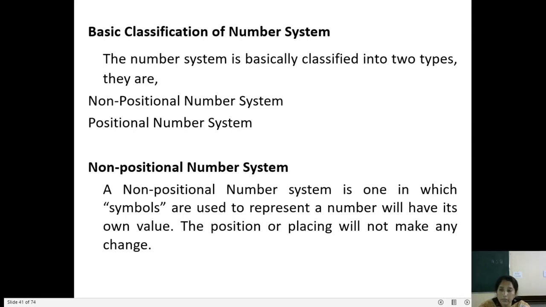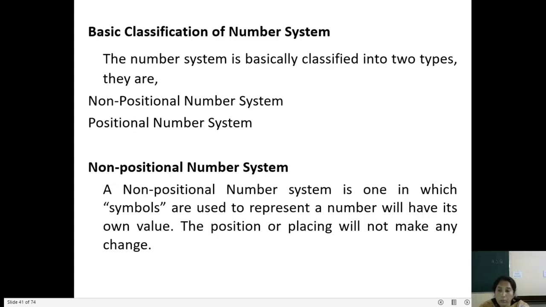Basically, in the number system, there are the non-positional number system and the positional number system. A non-positional number system is where you can represent numbers by using symbols, like Roman numerals, as well as a star or a dot, meaning it doesn't have any place value. Those numbers we call a non-positional number system.